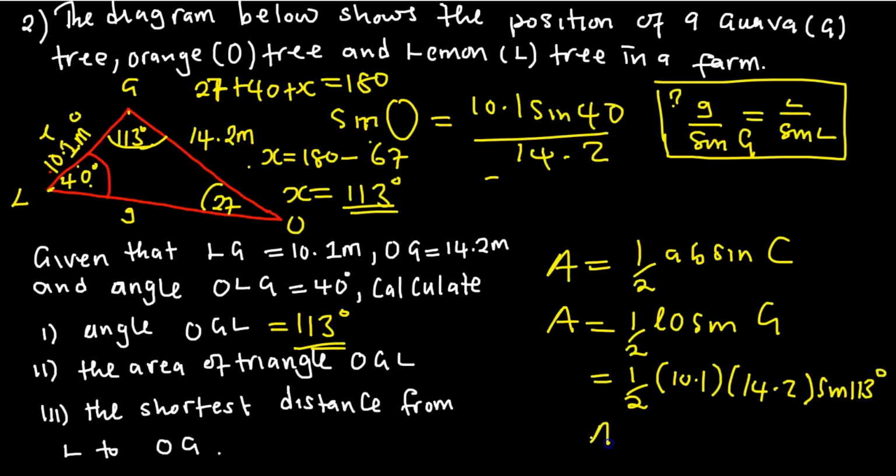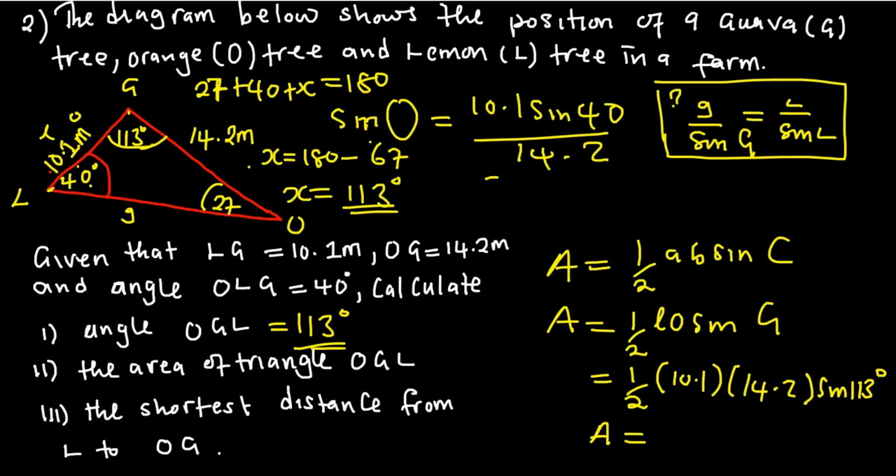What are you going to find here? Area is equals to, let me just try to punch on the calculator. 10.1 multiply 14.2, then sine 113, then divide 2.